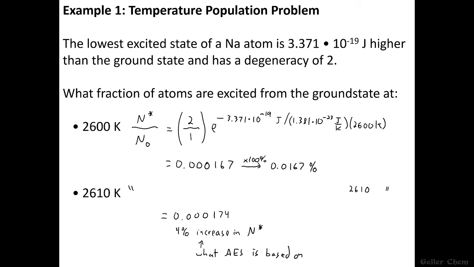If your temperature were to all of a sudden increase by 10 degrees in that fire, well then your signal is going to increase by 4% in an AES experiment. And that is a significant alteration that could potentially mess up your analysis. So it's very important that we keep temperature stable for AES. Let's write that note.